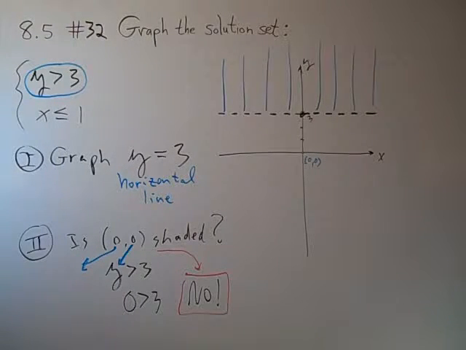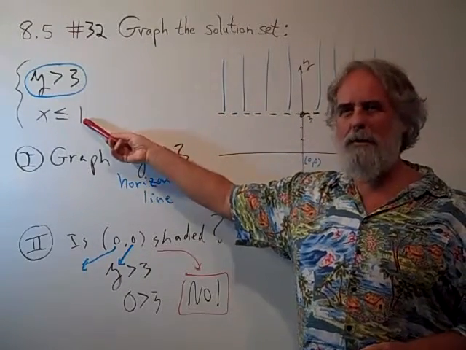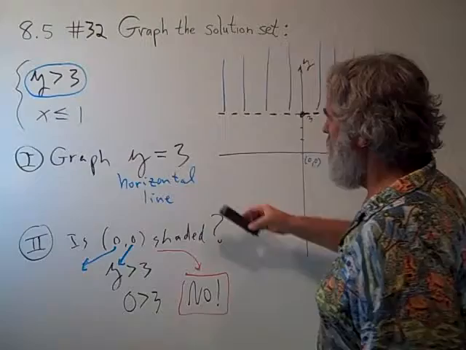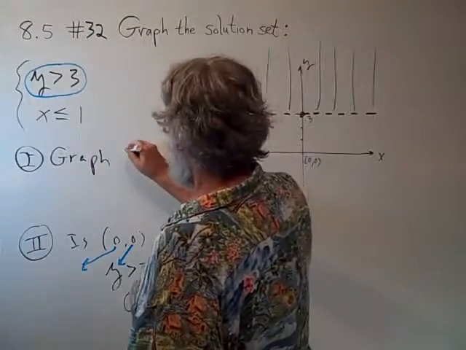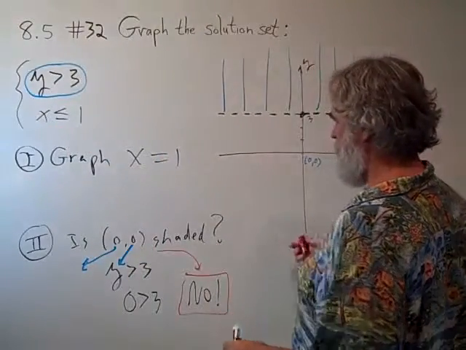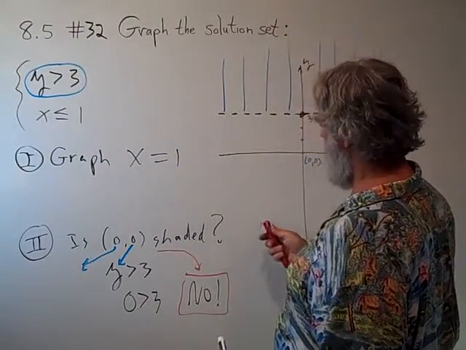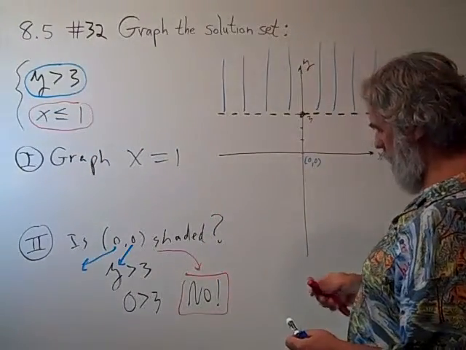Now we need to graph the solution set of the second linear inequality of this system of linear inequalities. So this time we're going to graph the line x equals 1. This type of line is a vertical line.